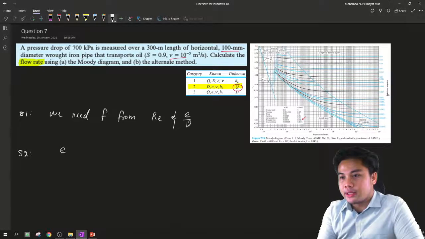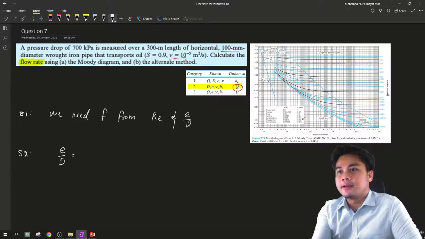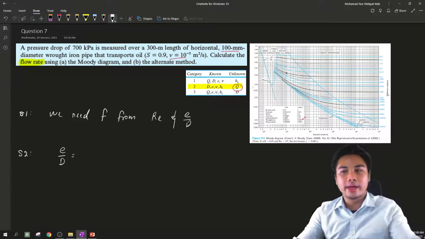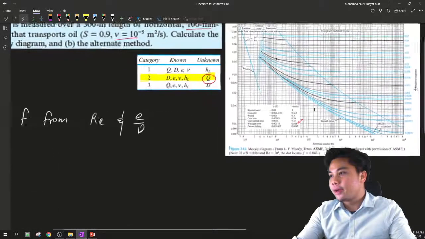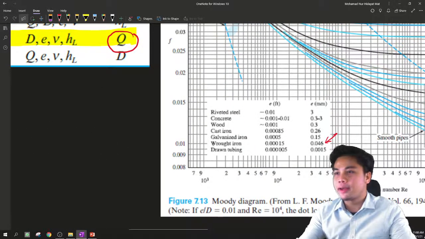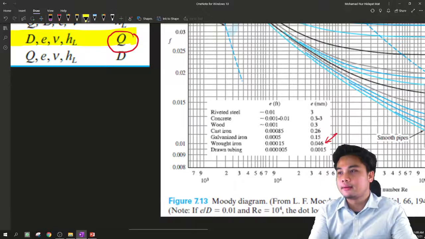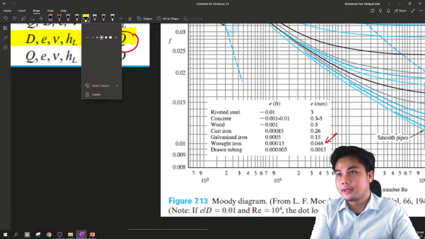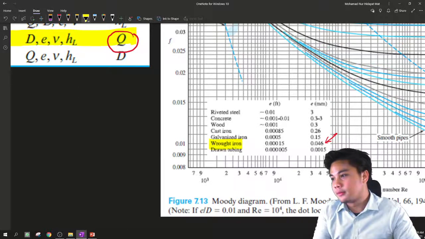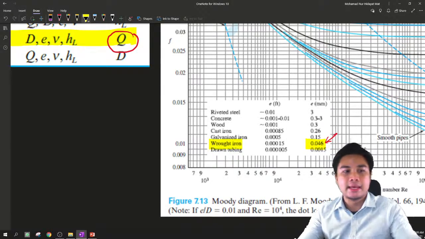Step number 2, we need to find them one by one. First, we need to find e over D. It is given that it is a rough iron pipe, so you can look at the Moody diagram. Rough iron has e of 0.046 millimeter.